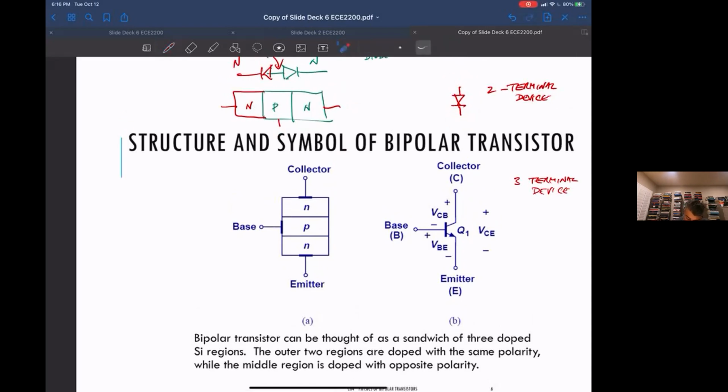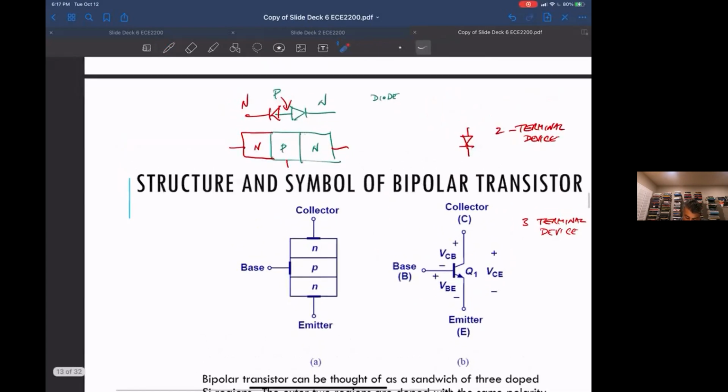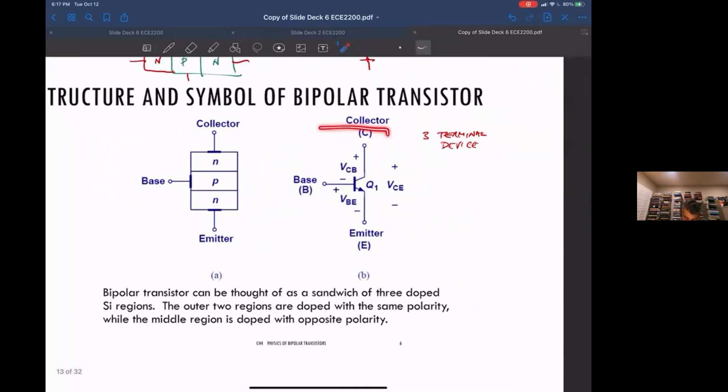So here's a symbol, just like this diode symbol is the schematic symbol for the PN junction. This symbol is the schematic symbol for a bipolar transistor.